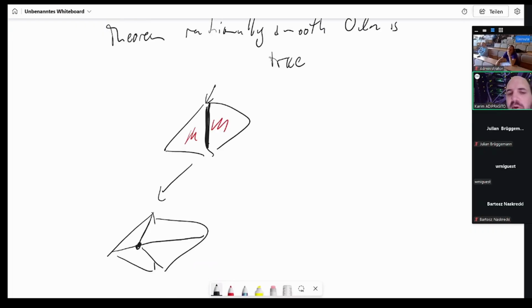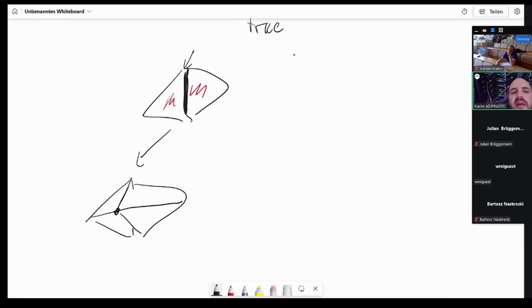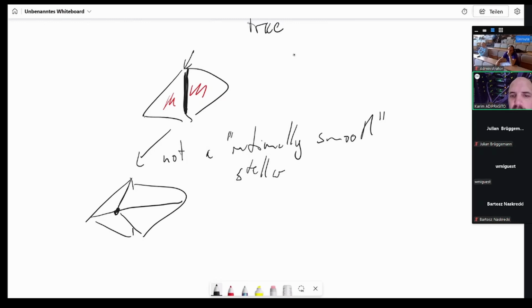The rationally smooth order says that no, this is not okay. This is not a rationally smooth stellar subdivision.